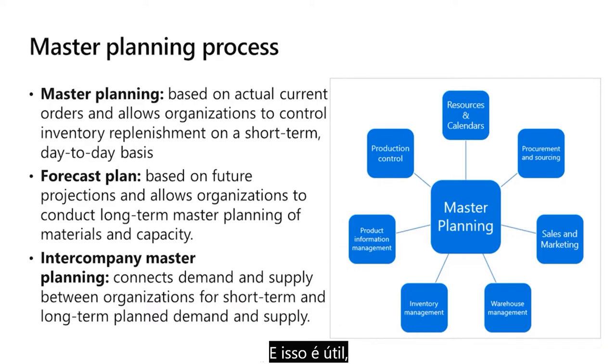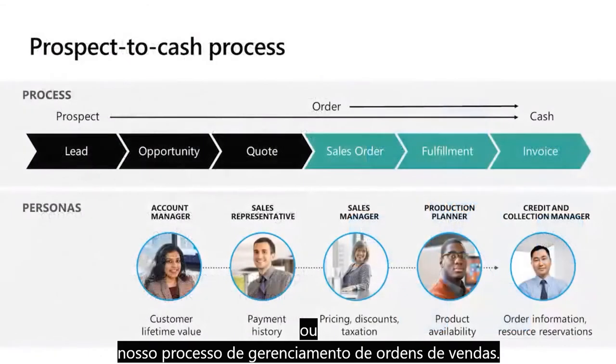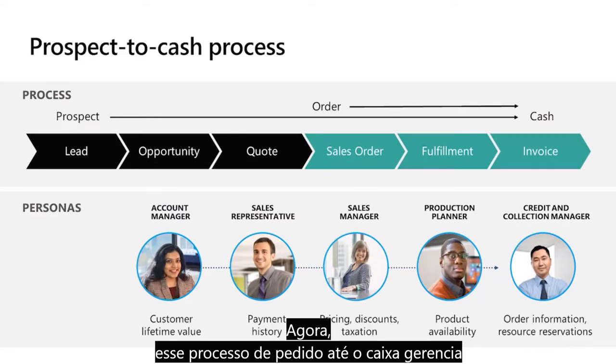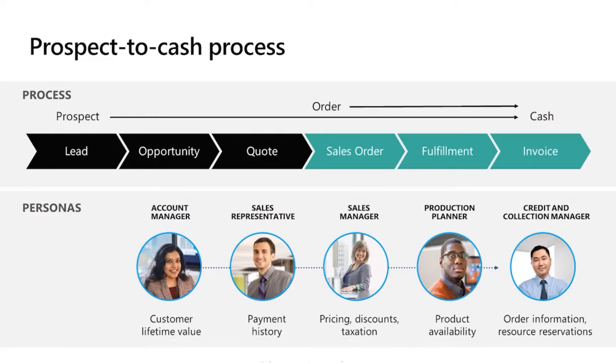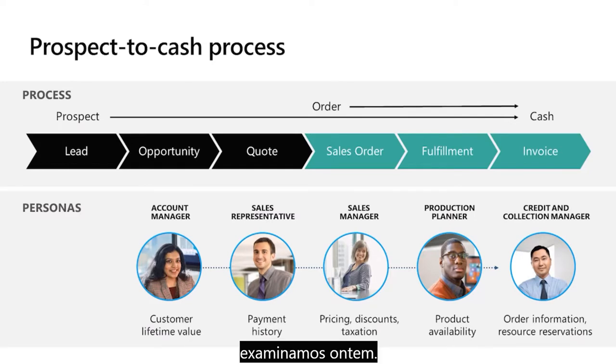And that comes in handy, especially when we start to talk about our prospect to cash process or our sales order management process. Now, this order to cash process manages the whole life cycle of the sales process, which we looked at yesterday.